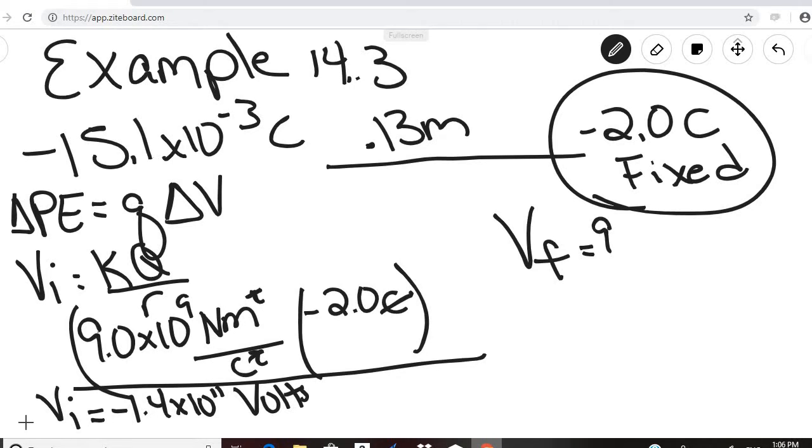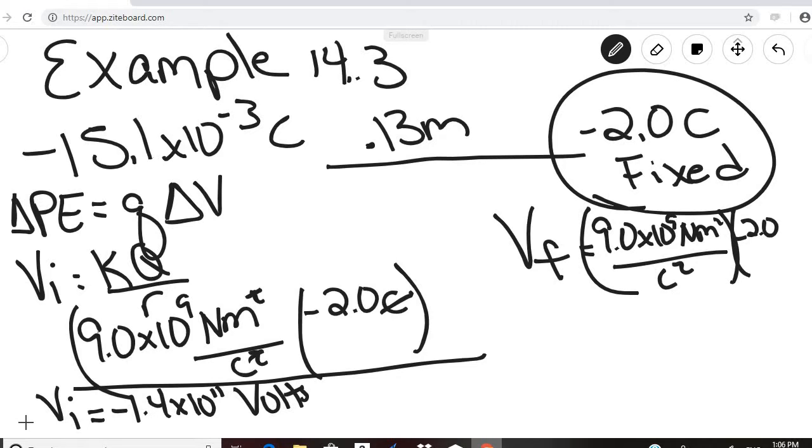VF, 9.0 times 10 to the 9th Newton meter squared over Coulomb squared times the stationary charge, 2.0 coulombs. And now what will R be? Well, the question asks how fast will the charge be moving when it is 0.95 meters away?